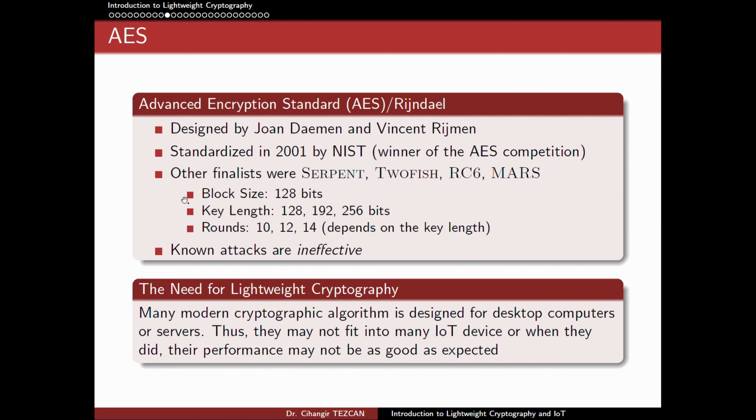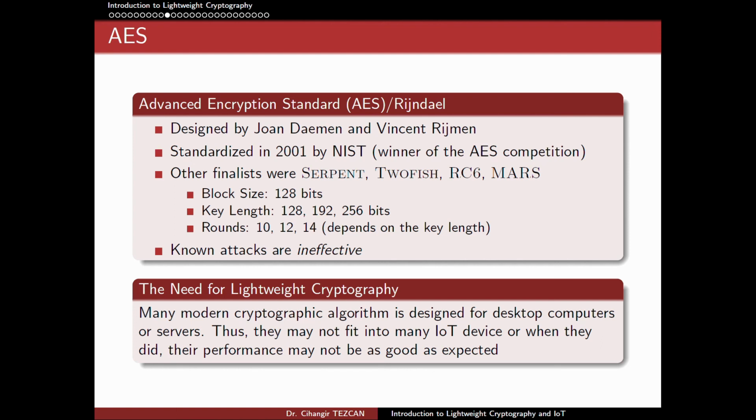So at this point, we have a secure algorithm, so why don't we use it for every device or every system we have? Actually, this is the suggestion by NIST. NIST says that if you can use AES in a device, in a platform or in a system, then you should use AES.